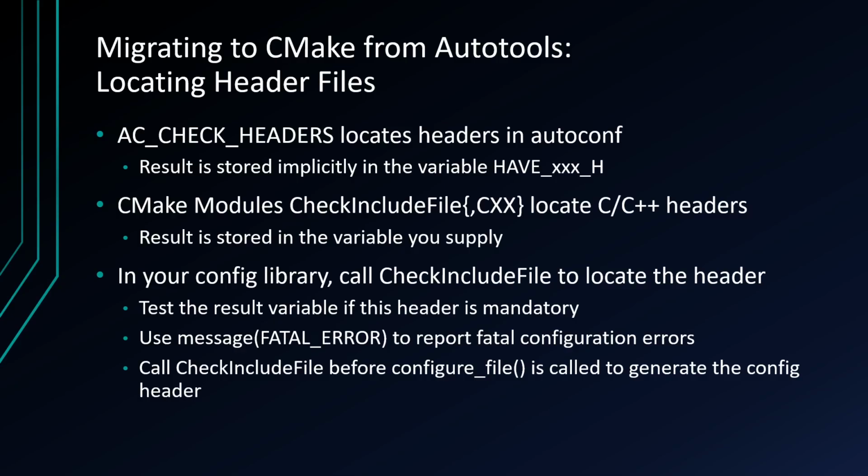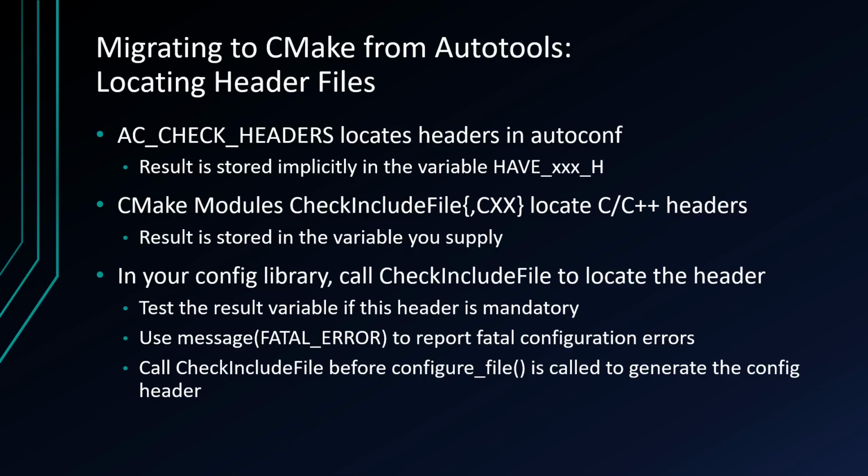And then in your config library, in the CMakeLists.txt where your config library is created, you'll call check_include_file to locate the header. You'll have the result in this HAVE_WHATEVER variable or whatever variable you decided. You can decide if this header is an optional thing or if it's a mandatory thing.